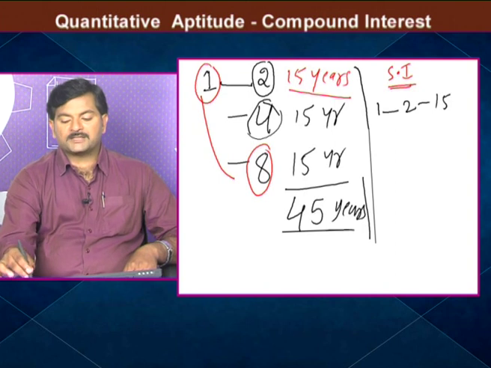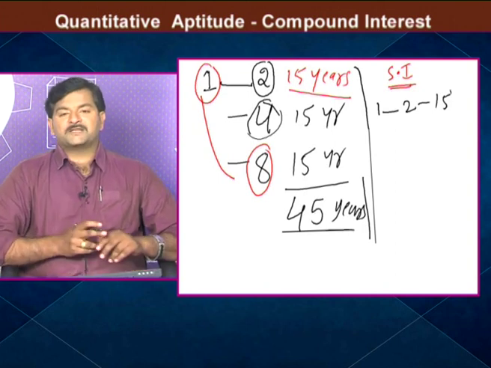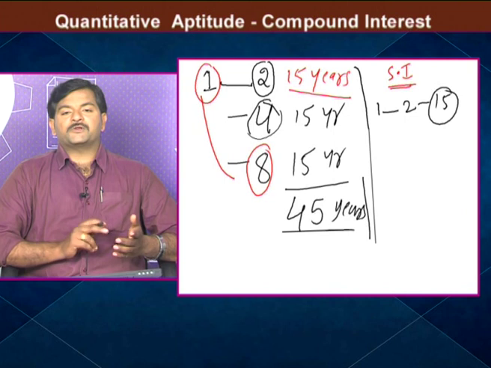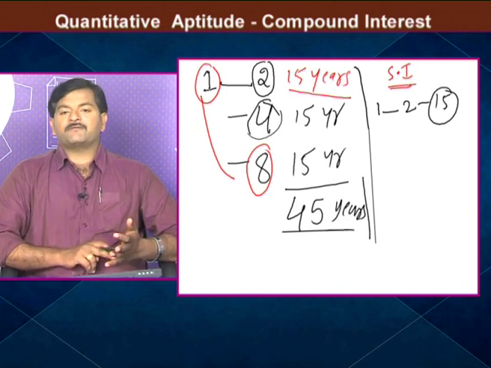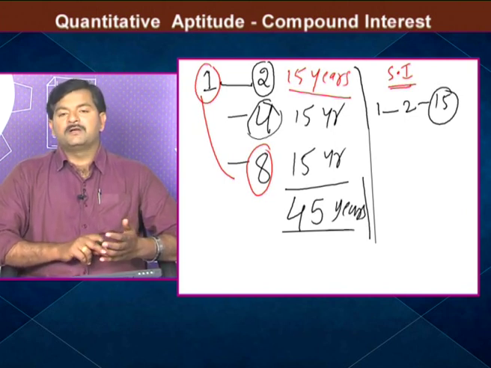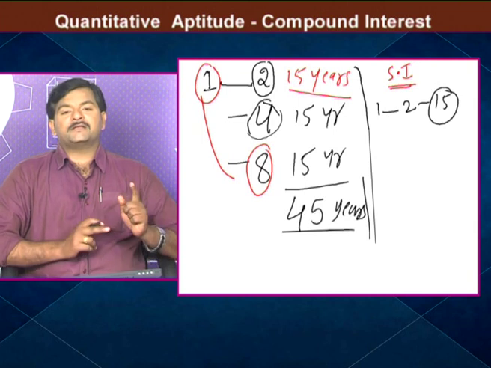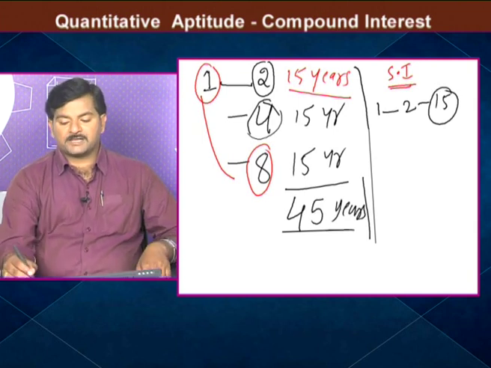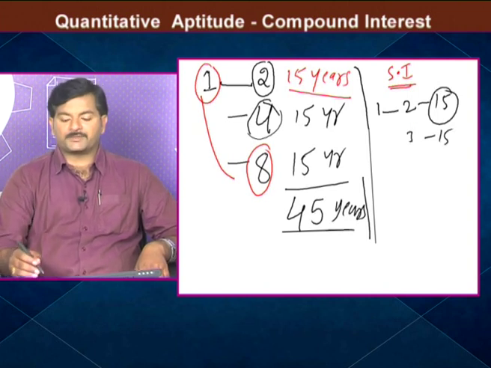So for 15 years the interest is 1 rupee. Since it is simple interest, the principal amount will not change, so the interest also won't change. For every 15 years you will get the interest as only 1 rupee, so for the next 15 years, with 1 rupee interest, it will be 3 rupees.